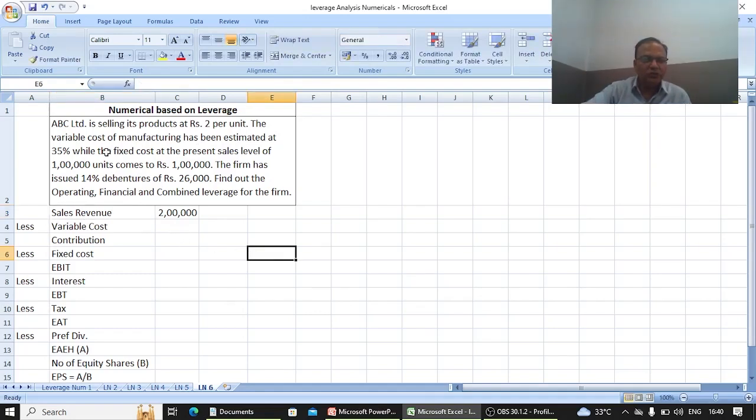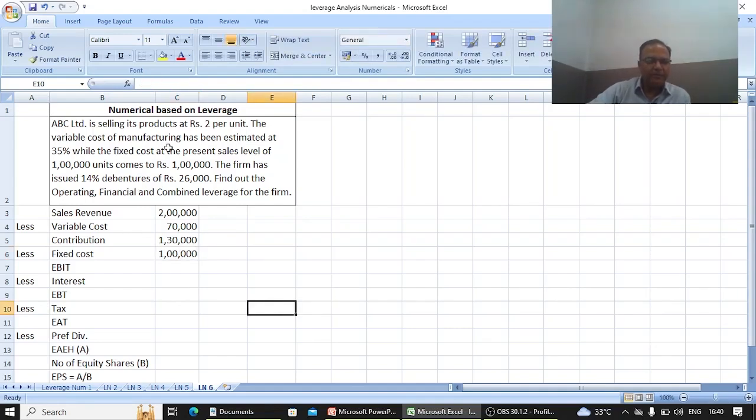Variable cost 35% means 70,000. Contribution 1,30,000. Fixed cost 1 lakh.